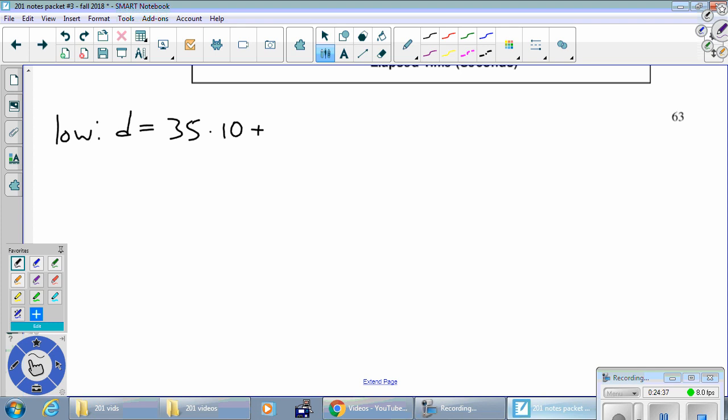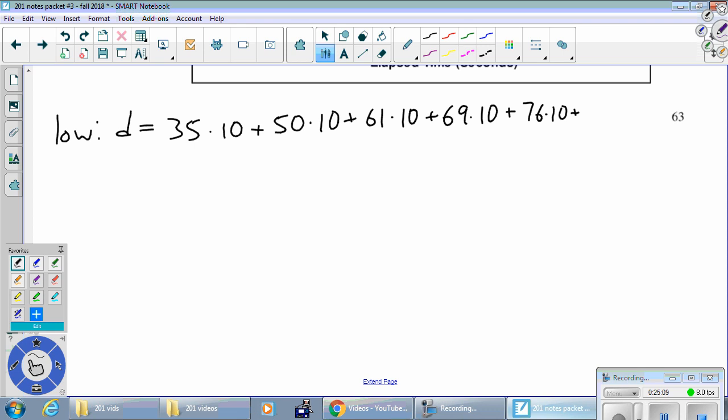That estimates the distance traveled in the first 10 seconds. It underestimates it. Between 10 and 20 seconds, we pick the lower number of 50 and 61. That's 50, velocity times time, 10 seconds. Plus, in the next interval, the lower one between 61 and 69 is 61 times 10 seconds, plus between 69 and 76, we pick the lower one, plus between 76 and 84, we pick the lower one. Don't forget to multiply each of these by 10.